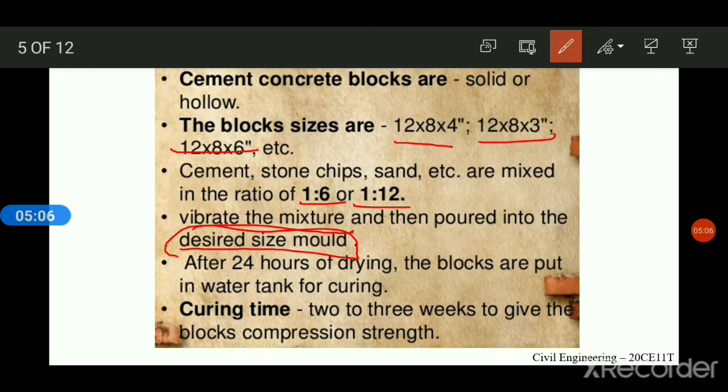After 24 hours of drying, the mold is removed and the solid blocks are put in a water tank for curing for at least 28 days. Here I mentioned 2 or 3 weeks. A minimum of 20 days will give the full compression strength.